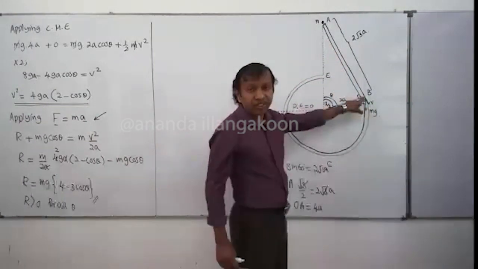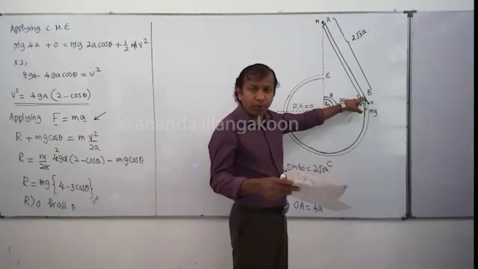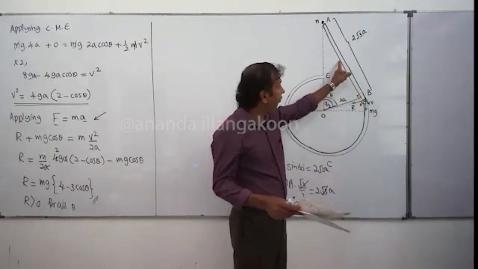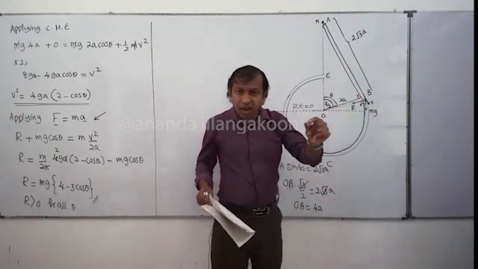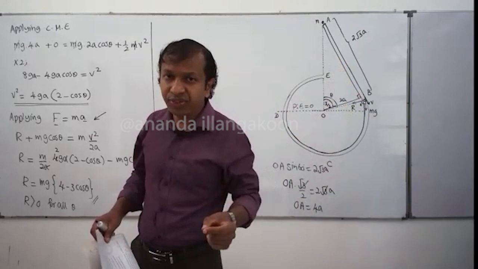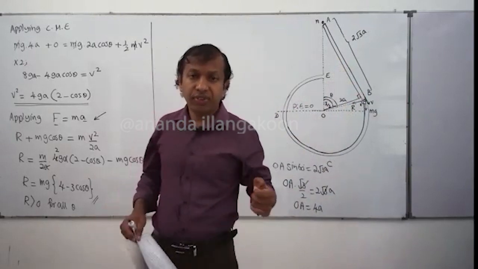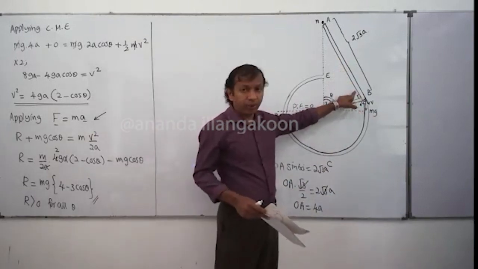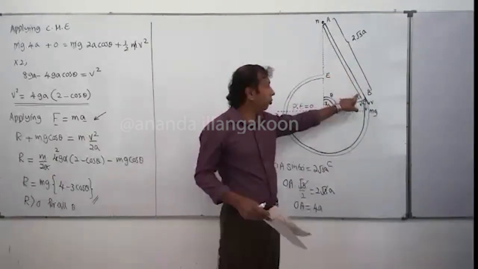once it reaches the point B, just before reaching the point B, the particle is in contact with this tube. Just after reaching the point B, just after means 0 seconds after reaching the point B. Just before reaching the point B, the particle is in contact with this straight portion of the tube.